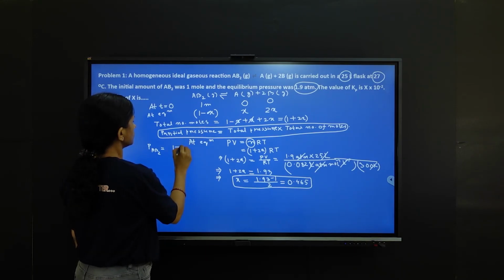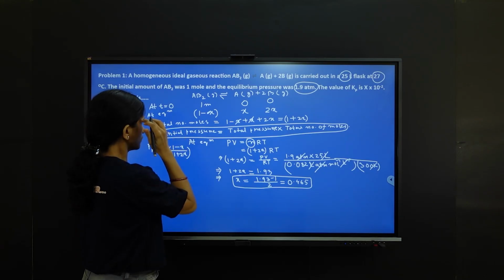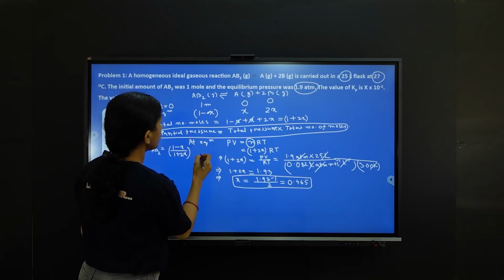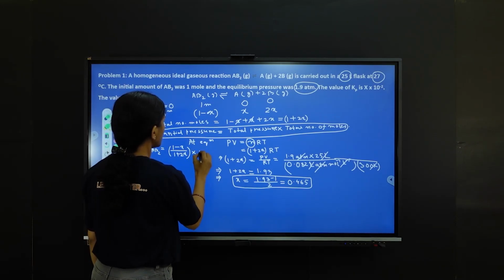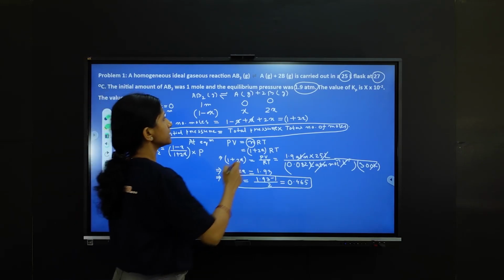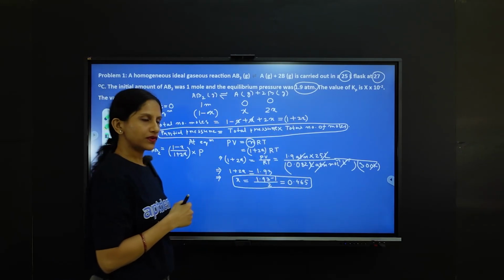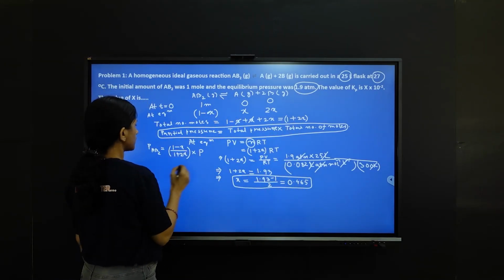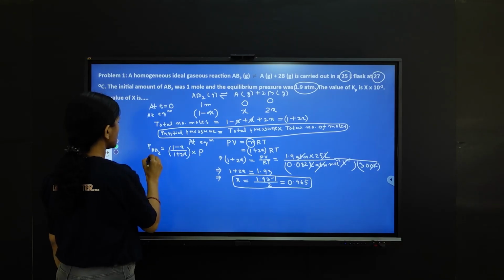So, 1 minus x divided by 1 plus 2x, which is the total number of moles. Now, we can consider the total pressure at equilibrium, which has been given as 1.9 atmosphere, as P. This is the total pressure.